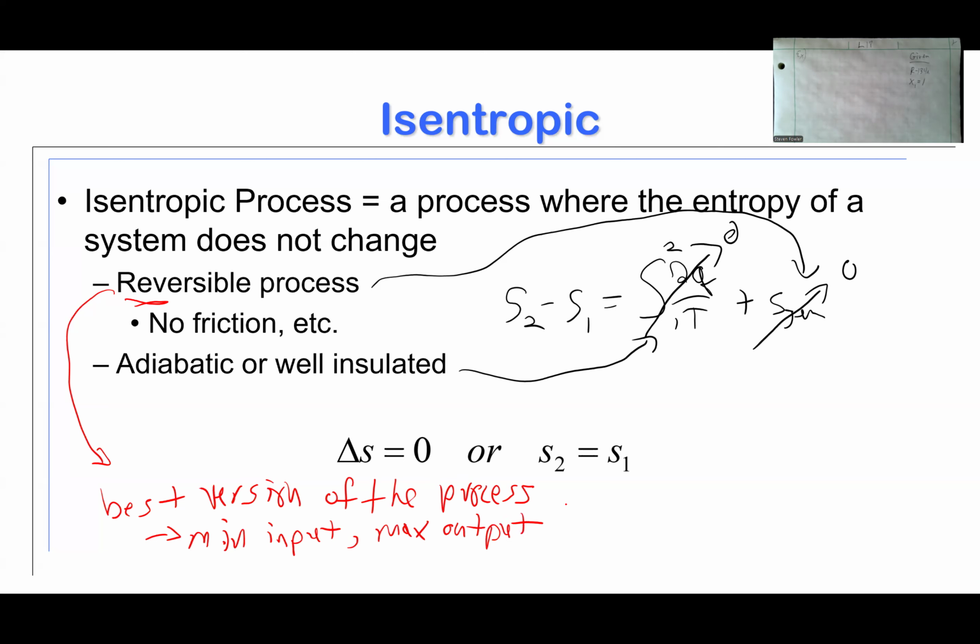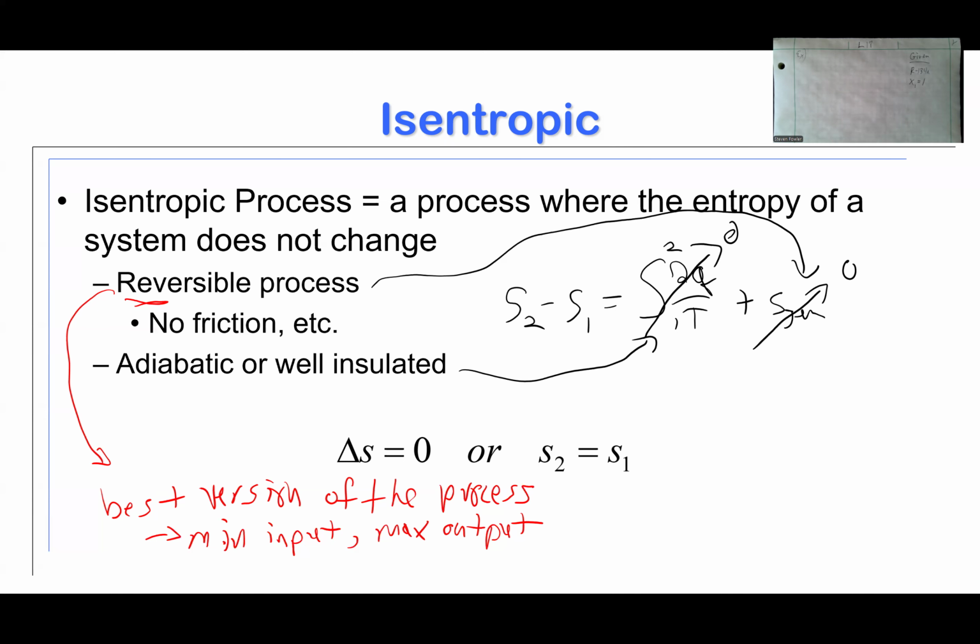You have to really focus on what is the device trying to do. In the case of a turbine, you're trying to get work out. So the best possible version of the turbine would be the one that has the maximum output, right? You don't want the turbine with the minimum output because a turbine not running would be generating zero work.